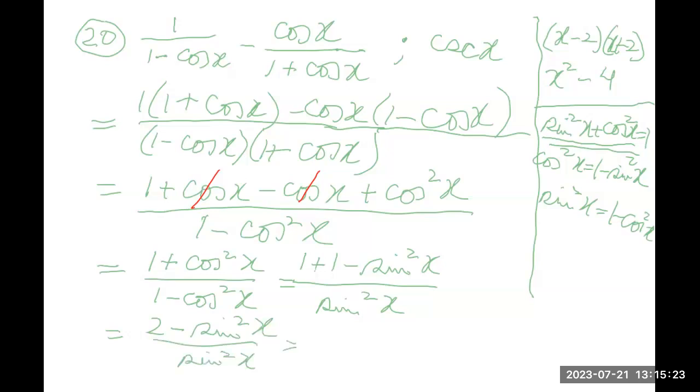I can split this into two terms. So 2 over sine square x minus sine square x over sine square x.